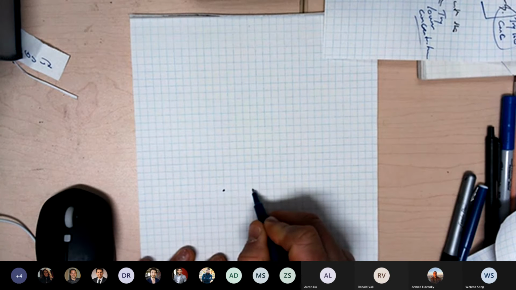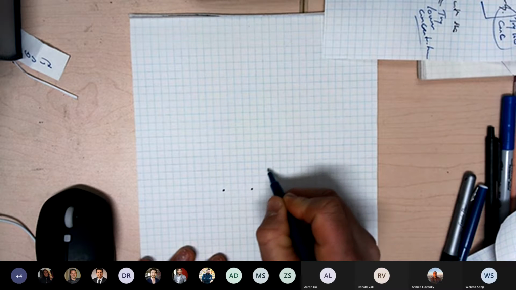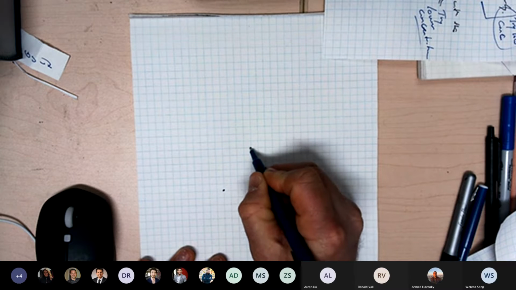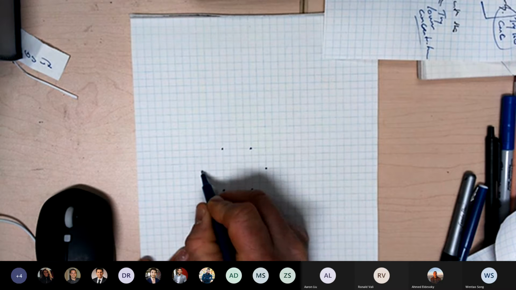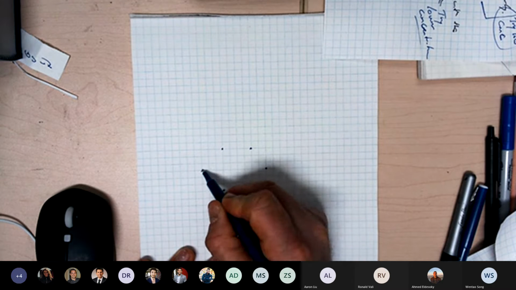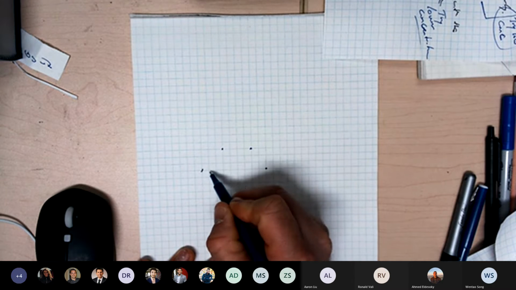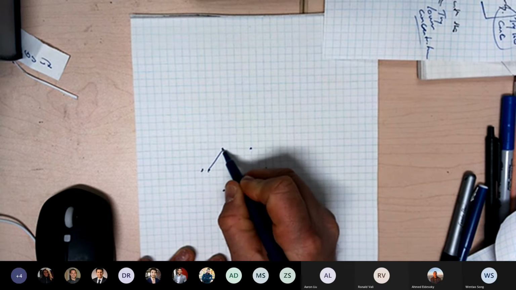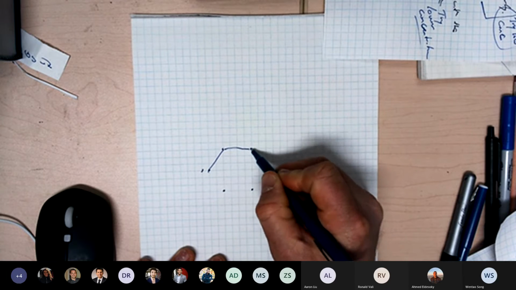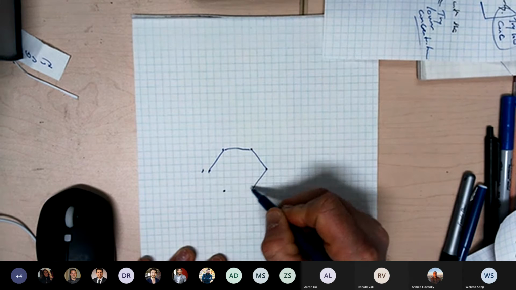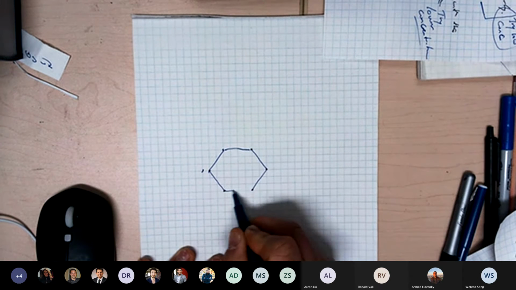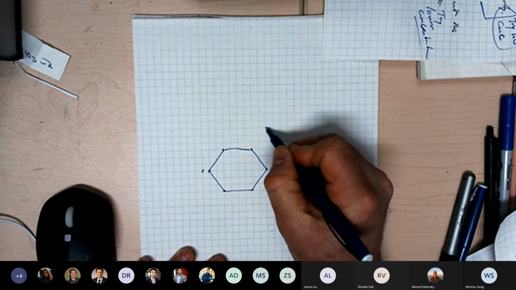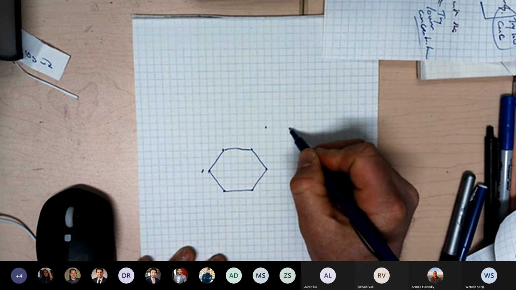So let's draw a plane of carbon atoms in graphite. All right. So they look something like this. And everybody likes to draw these honeycombs, indicating where the carbon atoms are.